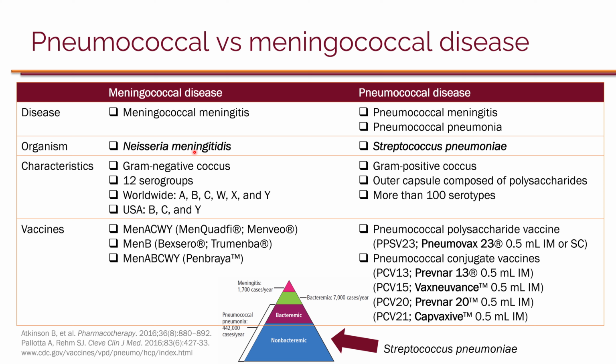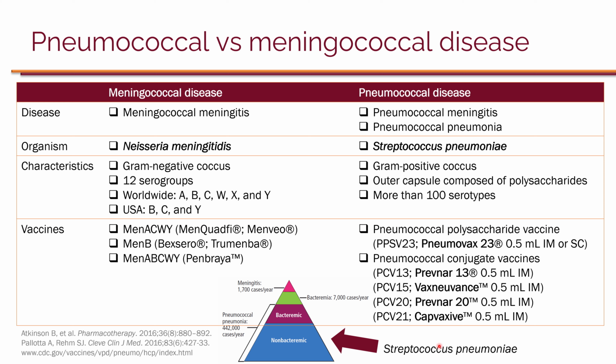so meningococcal disease. Now, when we give pneumococcal vaccine to people, for sure we are trying to prevent pneumonia, but more importantly, it is also reducing the risk of developing meningitis. So that's something important to keep in mind.